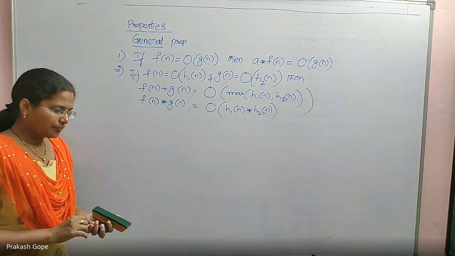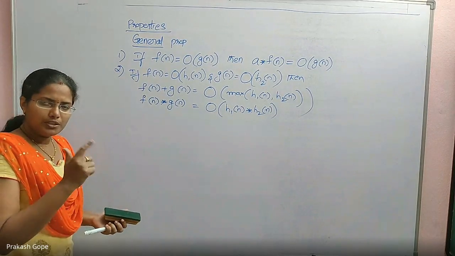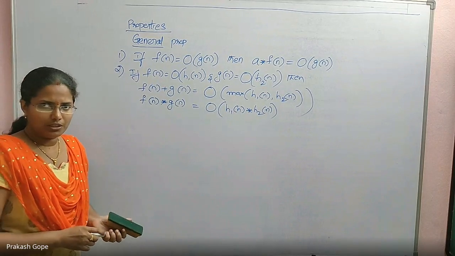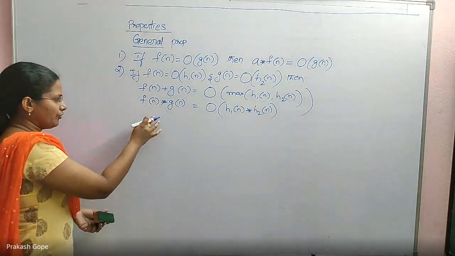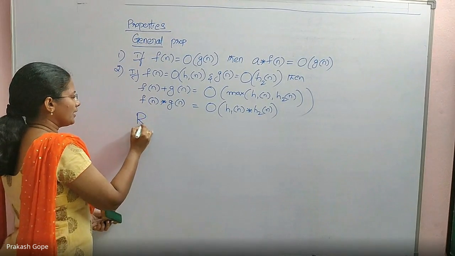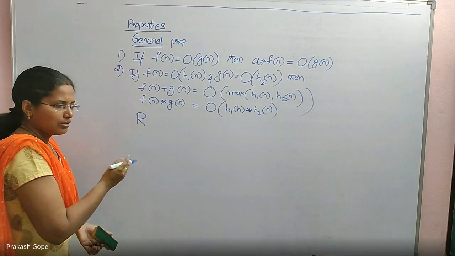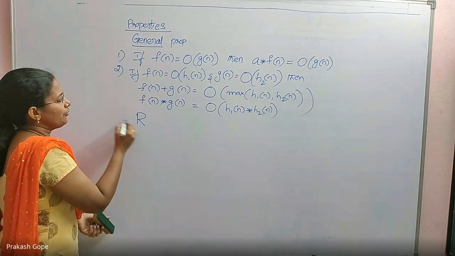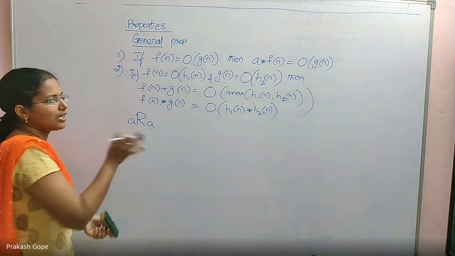Now we will see reflexive, symmetric, transitive, and transpose symmetric properties, all of which are mathematical formulas only. If you remember, when do we say a relation R is reflexive?